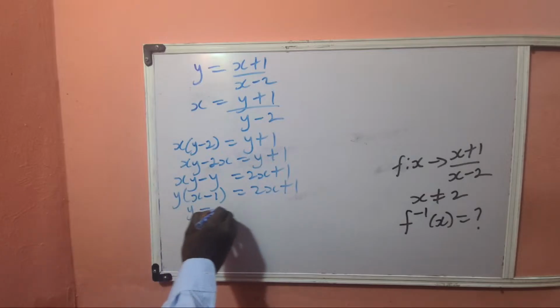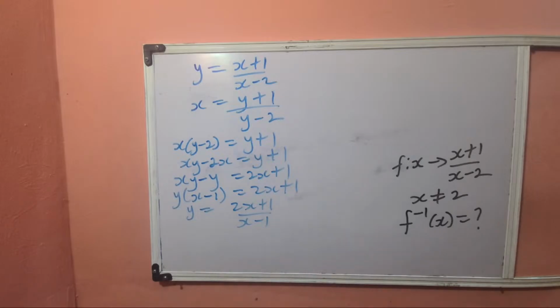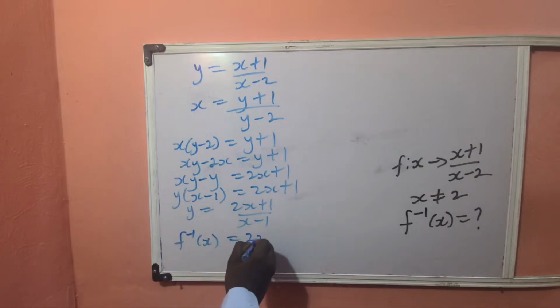I have y equals 2x plus 1 over x minus 1. So I've been able to make y the subject of formula. And the last but not the least is for me to change my y now to be f inverse of x. So my f inverse of x here is 2x plus 1 over x minus 1. How many of you got that right? That is the answer.